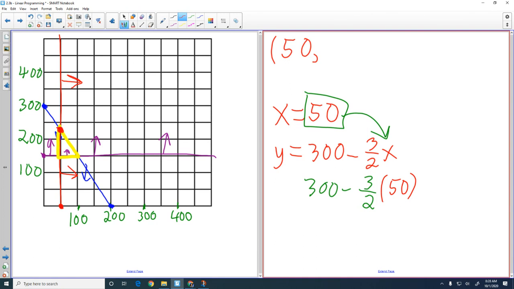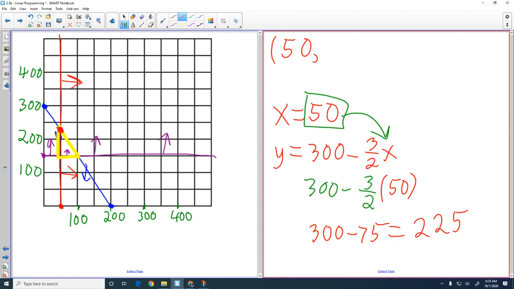What's 150 divided by 2? 75. So this is 300 minus 75. What's that going to give us? 225. Can't add, but you can subtract, Gavin.